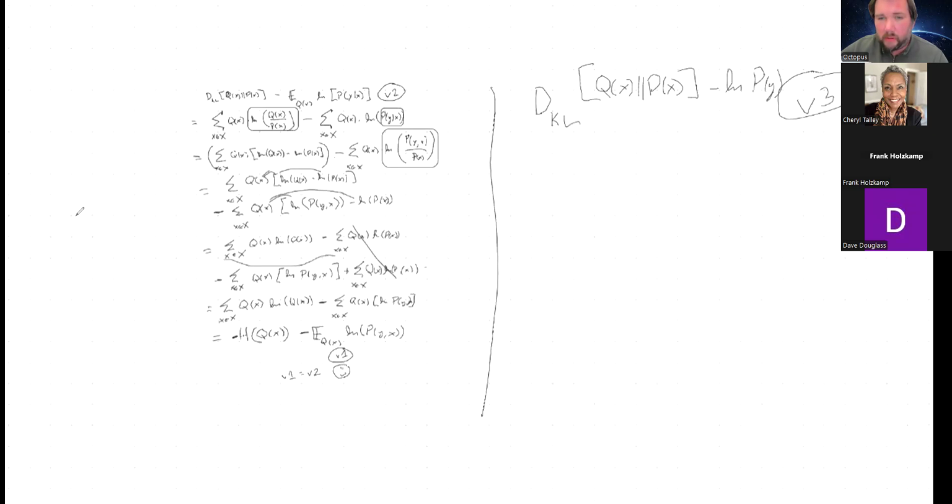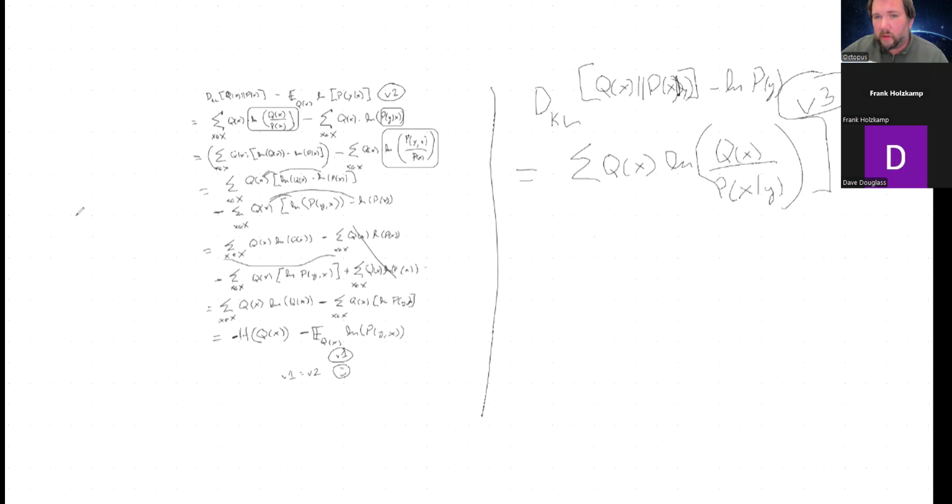So if I write out what that means, I'm just going to write out the formula here. I'm sorry, this is the probability of x given y in this version. So this is ln of q of x divided by probability of x given y. And then this other part doesn't change. So minus the natural log of p of y.